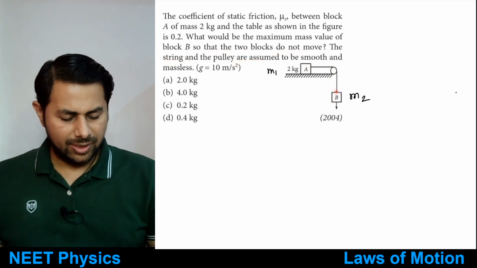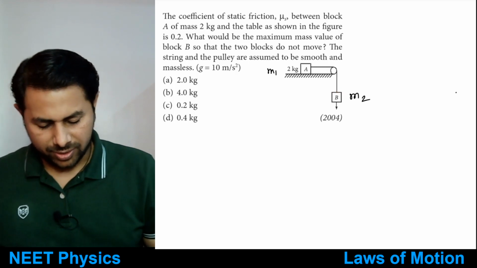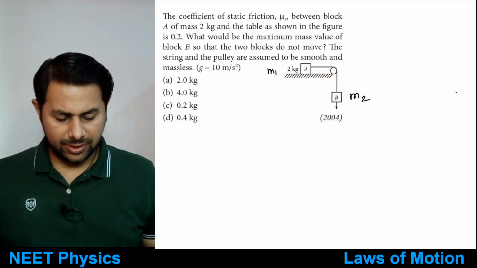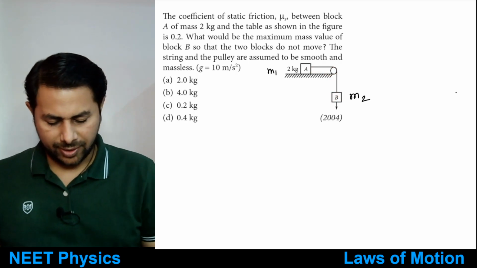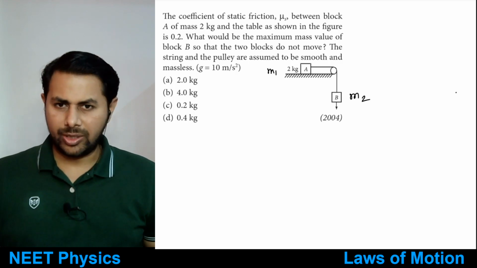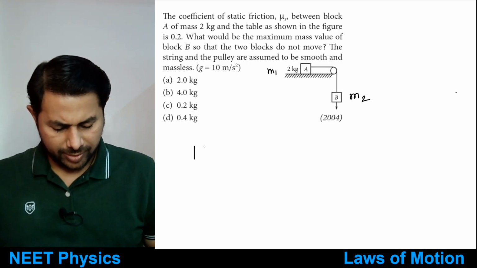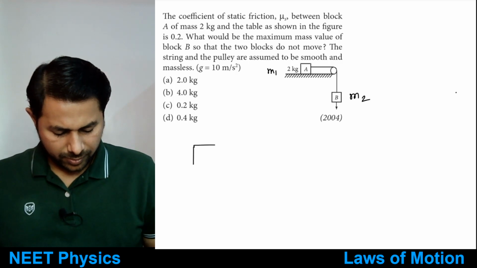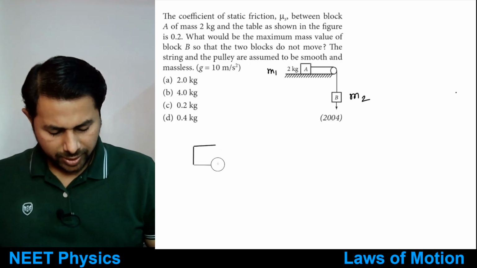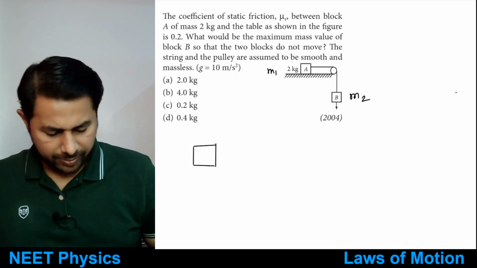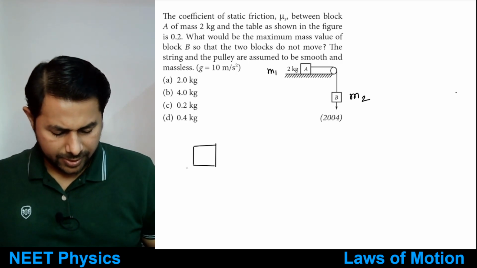The string, not the spring. The string and the pulley are massless and smooth, means there is no friction, right? So now let's draw free body diagrams of these two masses. What I am doing is I am just redrawing the same diagram a little bit bigger, nothing else.